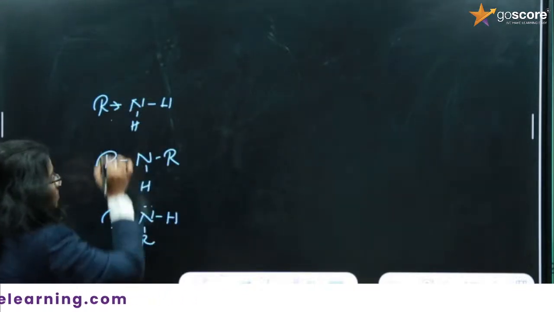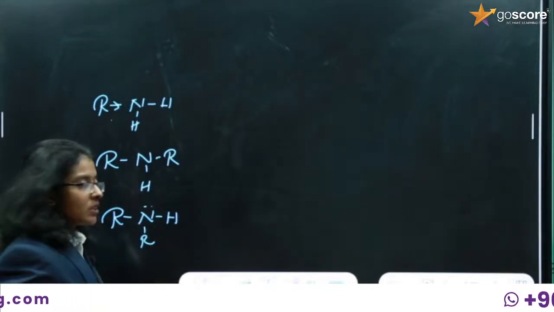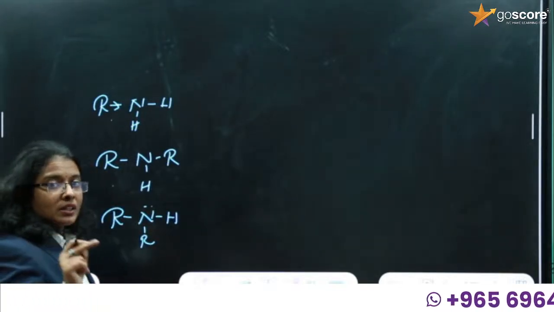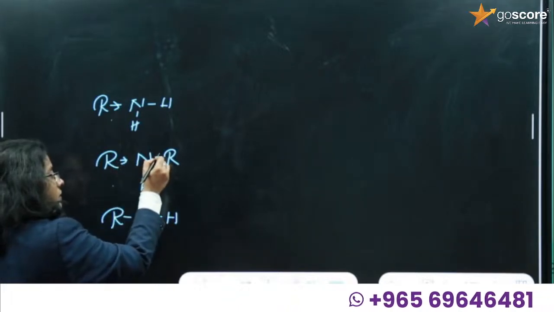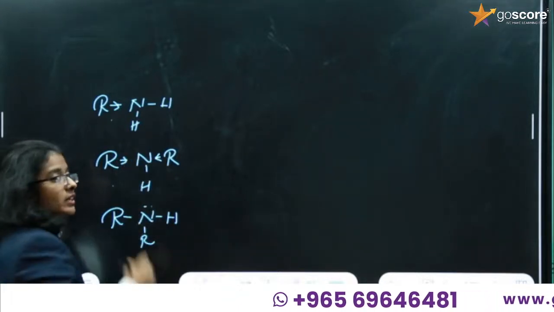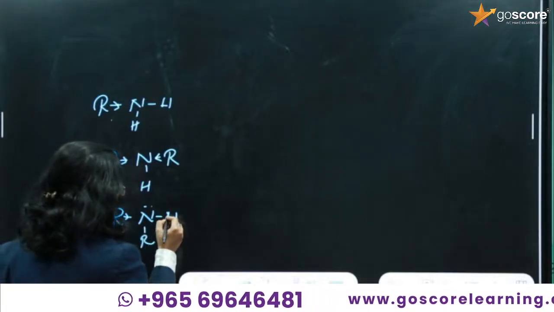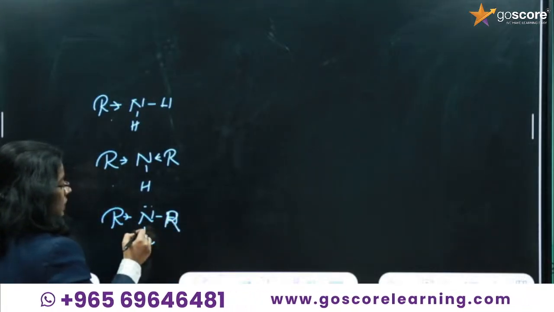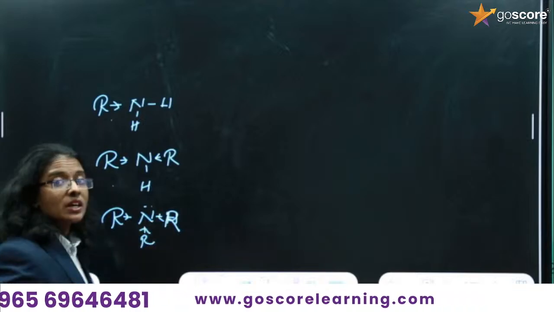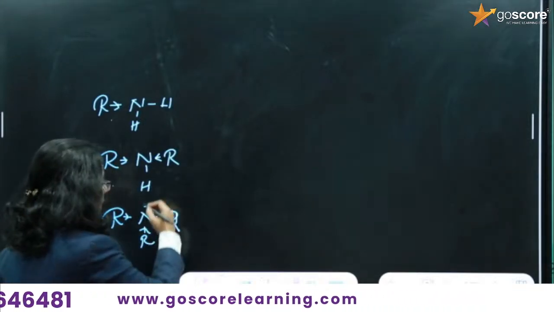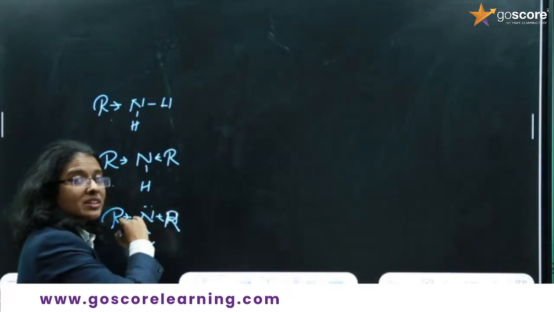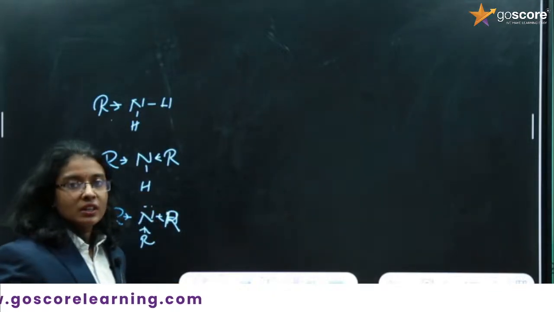In a primary amine there is only one alkyl group. For a secondary amine there are two alkyl groups, so from this side and this side the electron is donated. For a tertiary amine the three groups are alkyl groups, so from three sides electrons are given. So the electron density will be more on nitrogen.